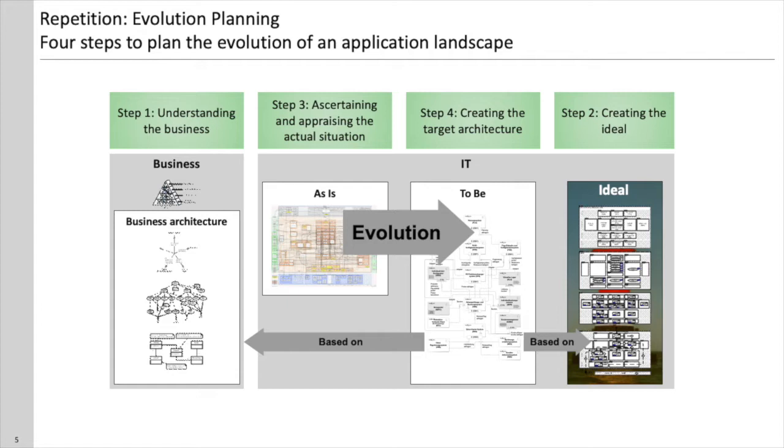While talking about the ideal, we spent lots of time in this course. From lecture 2 to lecture 6, I told you how to ideally structure an application landscape in a service-oriented fashion. And we did this very systematically by defining the domains, taking just the information from the business architecture as input.